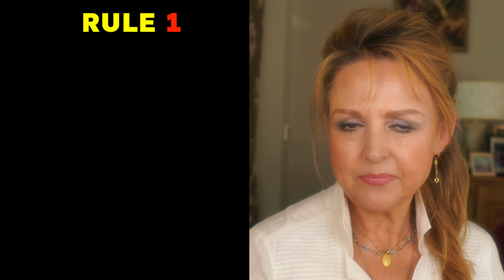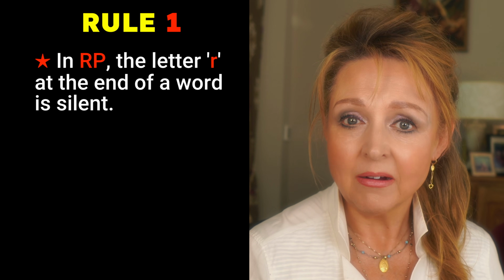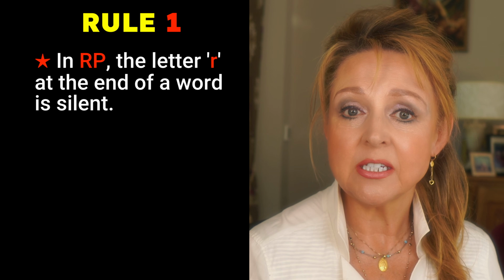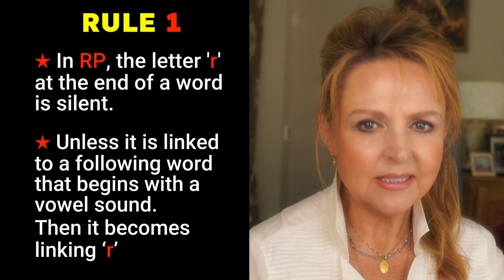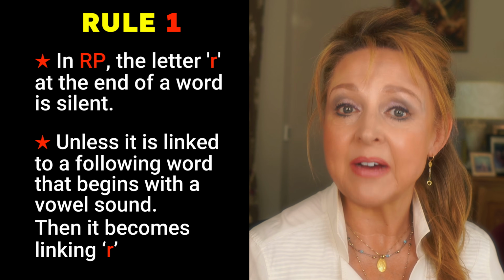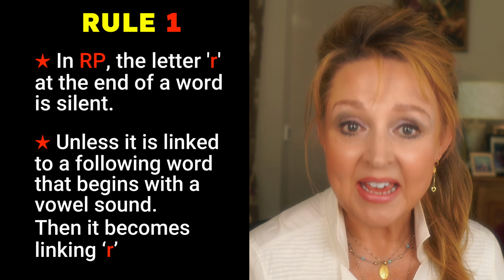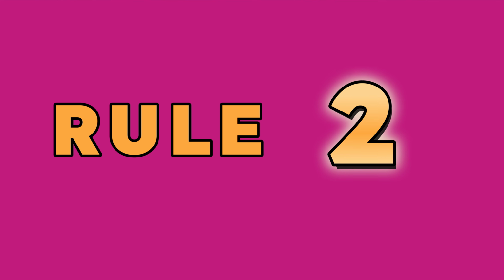Number 1. In received pronunciation, the letter R at the end of a word is silent, unless it is linked to a following word that begins with a vowel sound. Then it becomes linking R. Number 2.